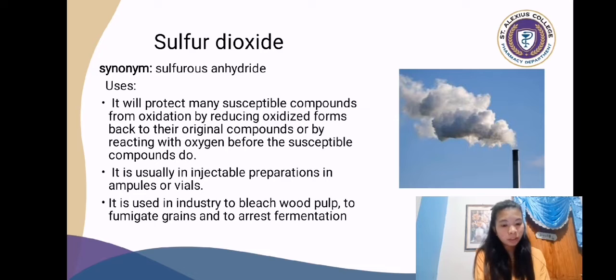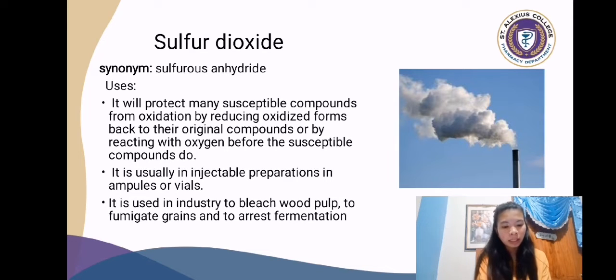Next is the sulfur dioxide. It has a synonym, sulfurous anhydride. Its uses: it will protect many susceptible compounds from oxidation by reducing oxidized forms back to their original compounds or by reacting with oxygen before the susceptible compounds do.